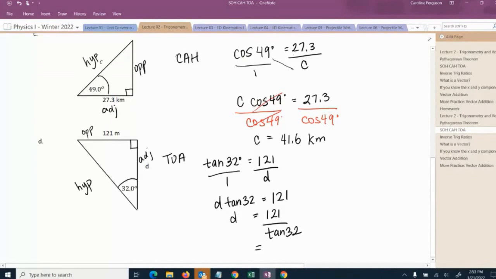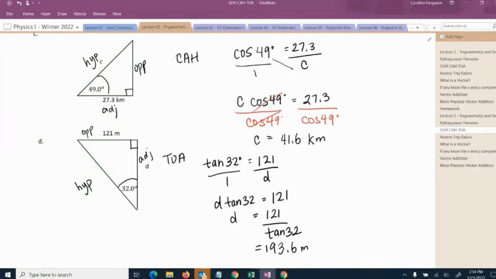And are we getting different answers, or no? 193.6, I'll just check it. 121 over tan 32. Yeah, 193.6, perfect. That's it. Good. Maybe your answer is slightly off.